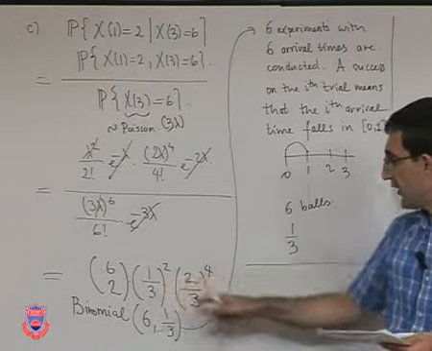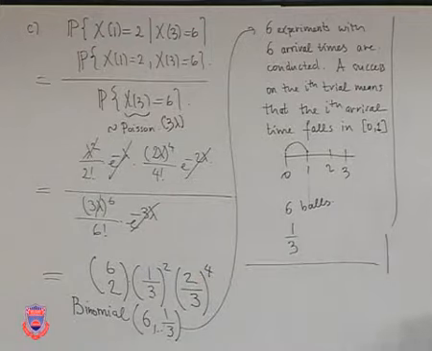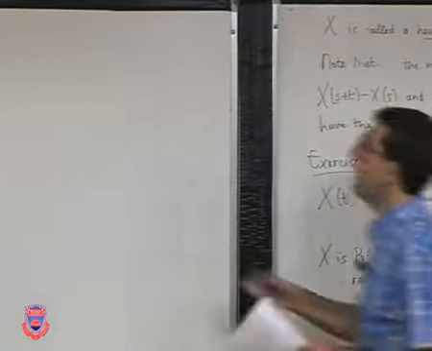So this is the success probability, and this is 1 minus the success probability, 2/3. Everything just matches in this case. Okay. And we have the answer for part C, and then we can look at part D.